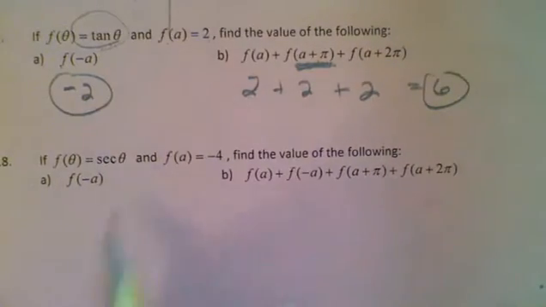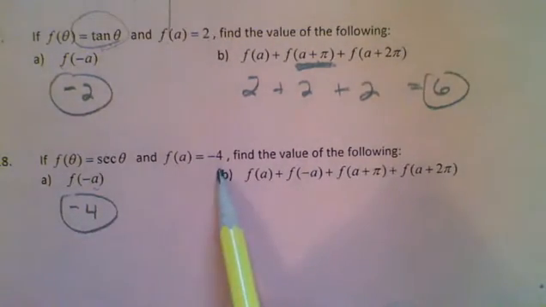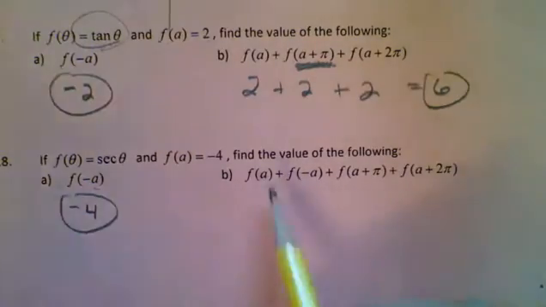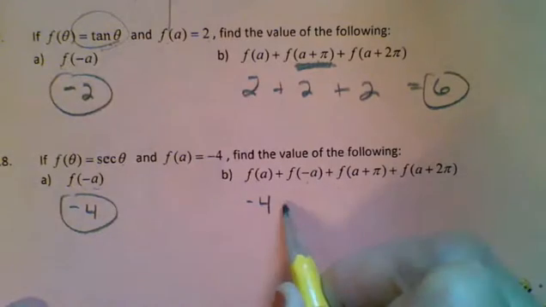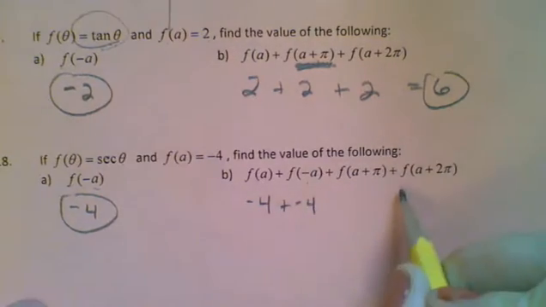Alright, and then the last one is secant. Secant is even. So when you see f of negative a, you're going to keep what you had. F of negative a will equal the same as f of a, because it's even. And so then f of a was negative 4. Negative a would also be negative 4.